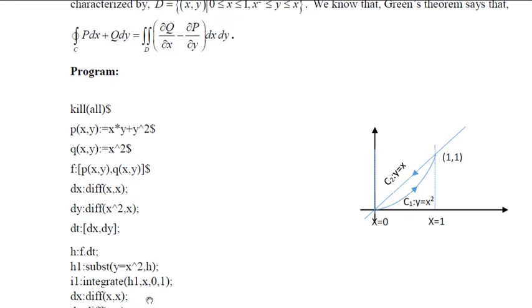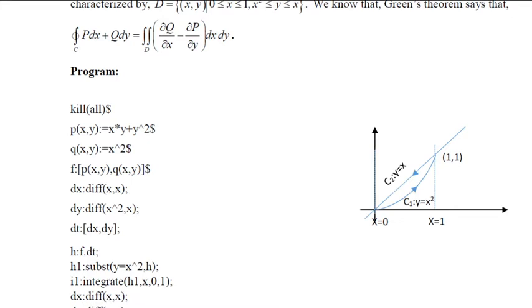Now, as usual, let's call dx, which is differentiation of x with respect to x, and we need to eliminate variable y. So dy is nothing but, here y is nothing but x, therefore your dy will be equal to dx only. So you need to use this x and differentiate with respect to x, so that dy is simply dx only.